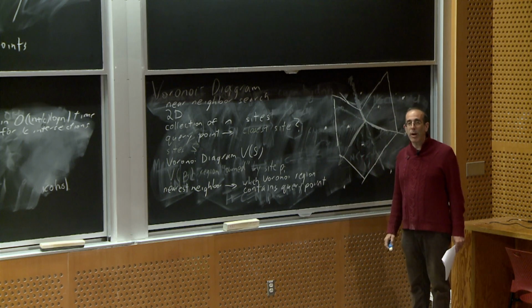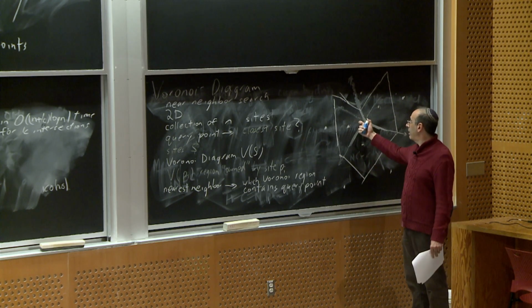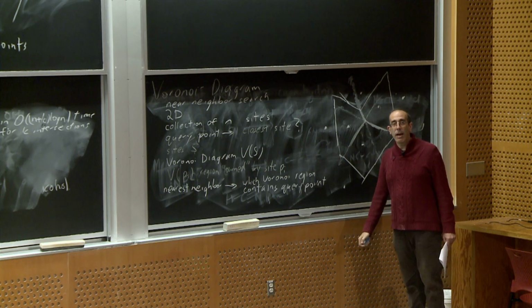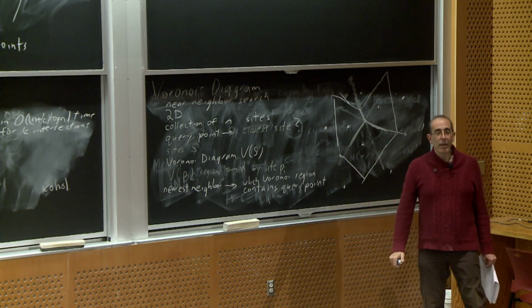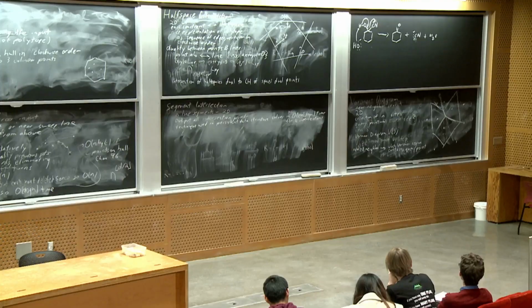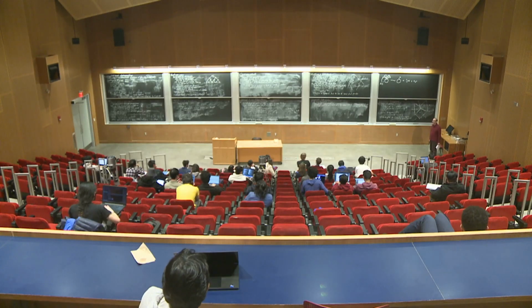Do we know how to solve that problem? I've got a bunch of line segments that are dividing up space, and I now have a query about which polygon contains my query point. How do I solve that? Yeah? Persistent data structure. Yeah, this is the point location problem.